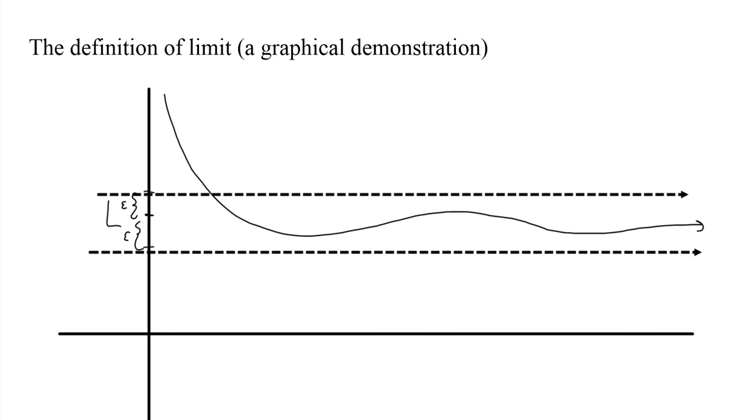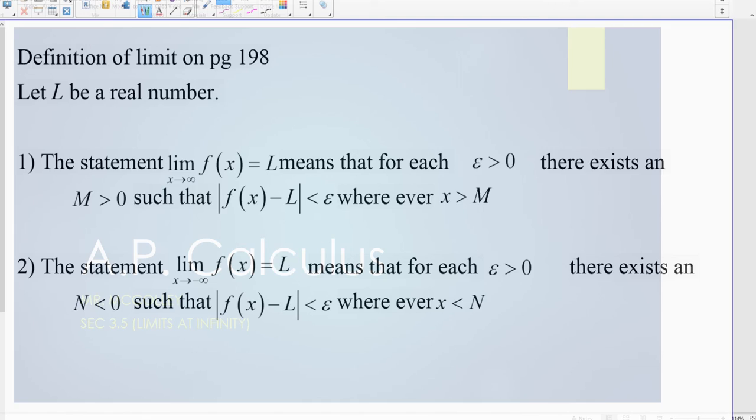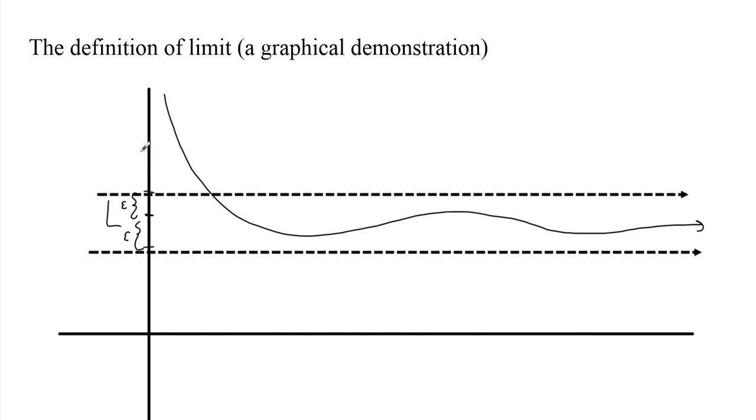And so we're saying that the limit as x goes to infinity of some f of x equals L. That means that for each epsilon, and you can pick whatever epsilon that you want, doesn't matter. It can be wider than this, it can be smaller than this.